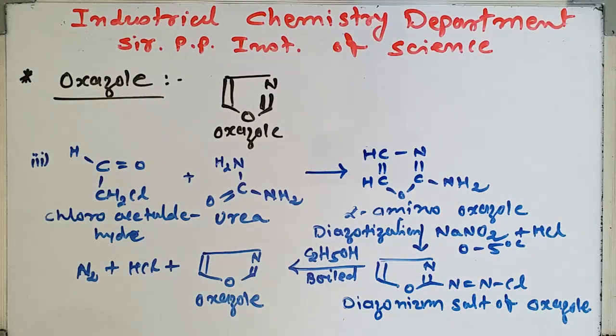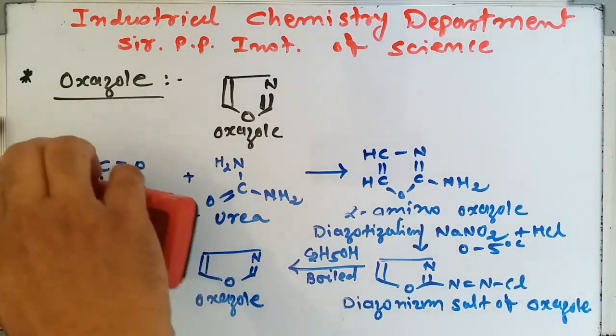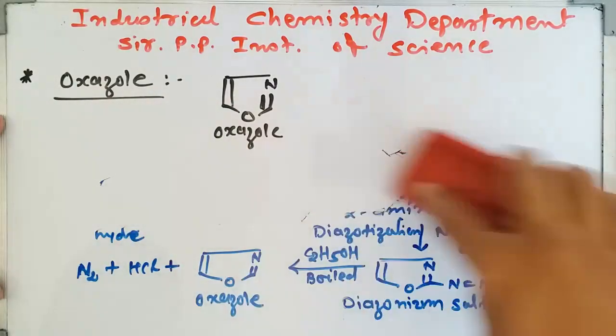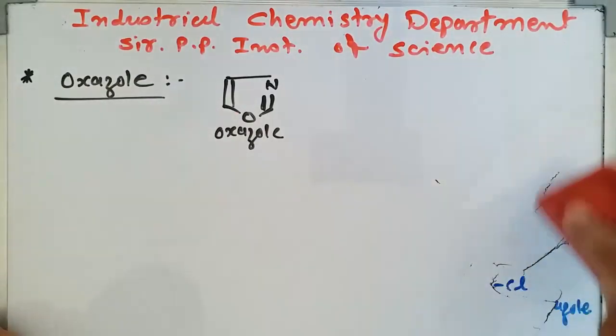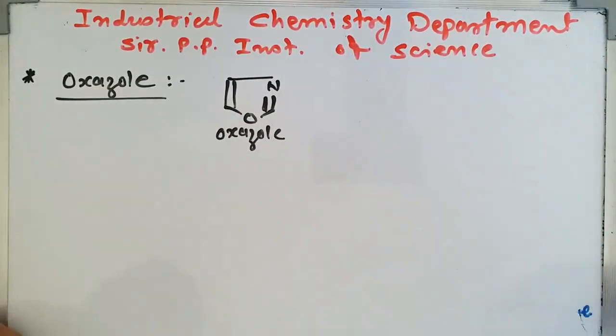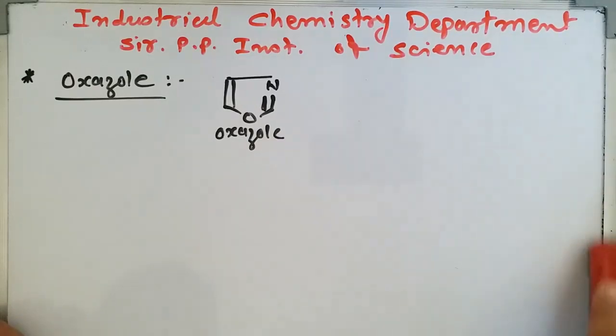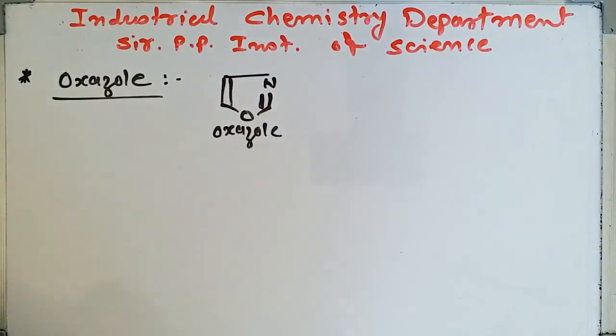Now we see the properties of oxazole. First, according to our classification of heterocyclic compounds, oxazole is a 5-member, 2 or more heteroatom simple heterocyclic compound.